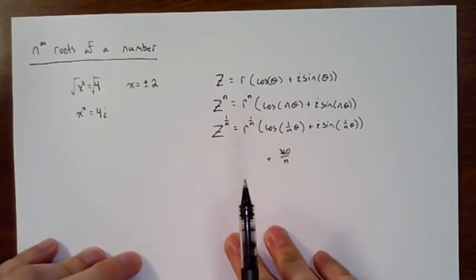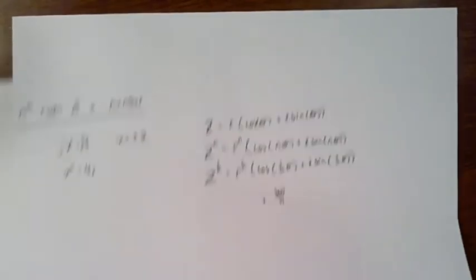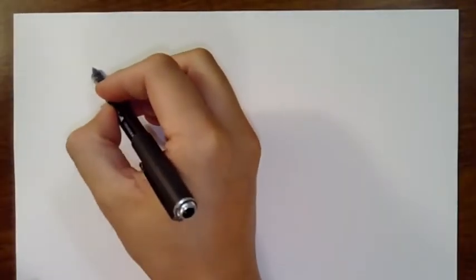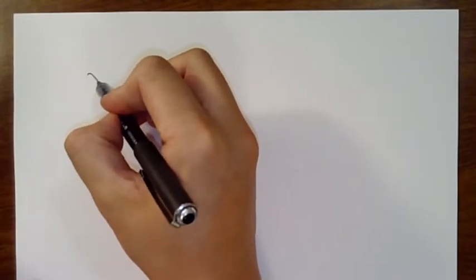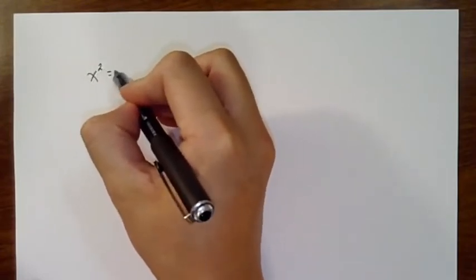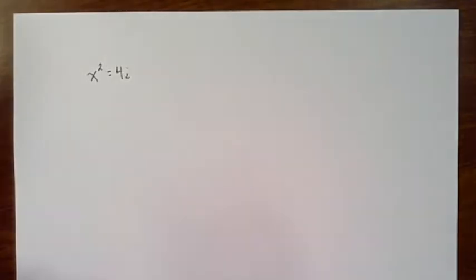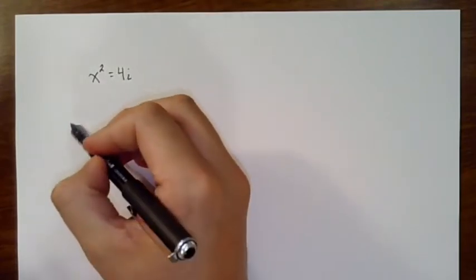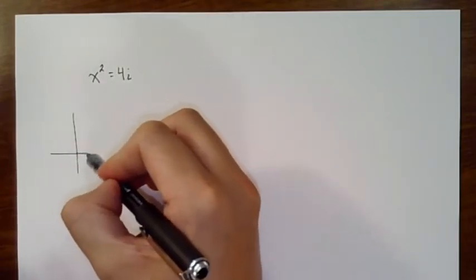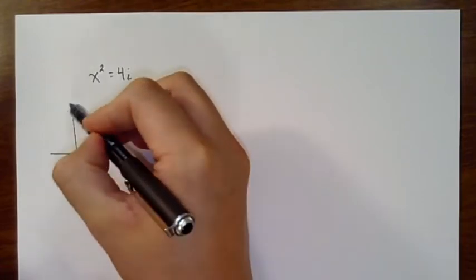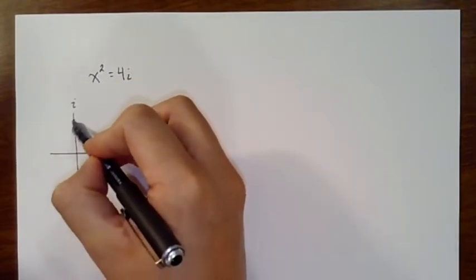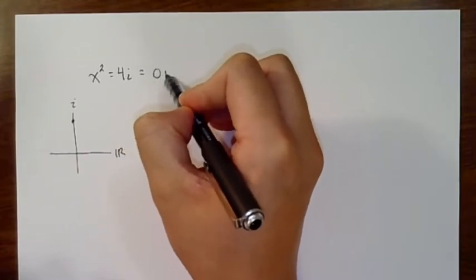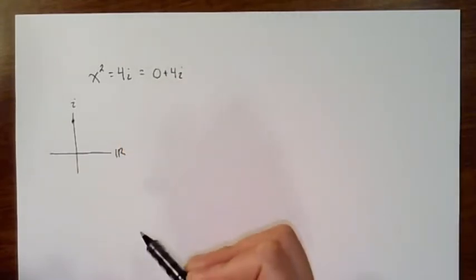All right, so what we're going to do is solve that equation that we had that looks so intimidating: x squared is equal to 4i. So what we want to do is write our number in trigonometric form first. If we draw 4i out, it shows up right here, because this is really 0 plus 4i.